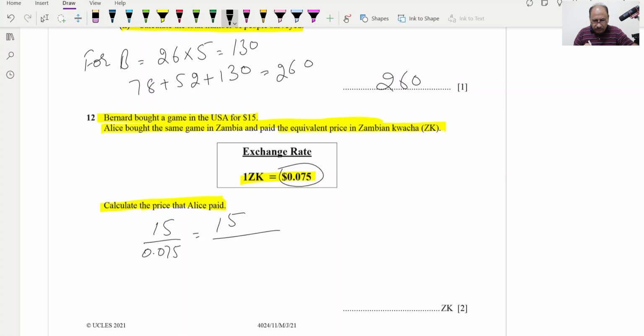We can write this denominator as 75 over 1000, and now we can cancel: 15 fives are 75, and 5 twos are 10, and 00. So this will be 200. This one's answer will be 200, in Zambian currency. This is done.